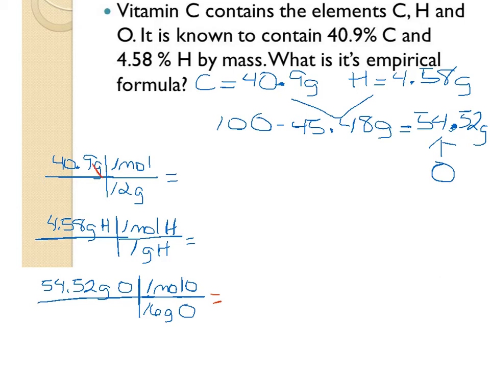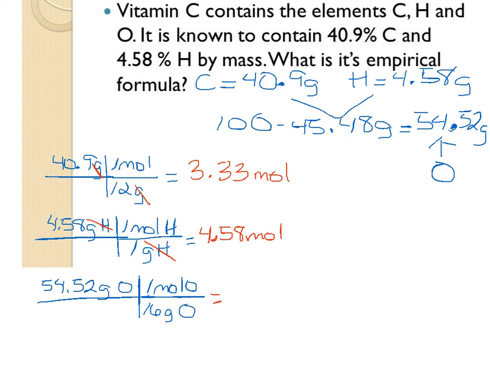So first one, grams and grams cancel. We're left with moles, so it's just 40.9 divided by 12, which comes out to about 3.33. And that'll be our moles of carbon. Next one, our grams of hydrogen will cancel. So then it's just basically 4.58 divided by 1, which is going to give us the same thing, 4.58. That's our moles of hydrogen.